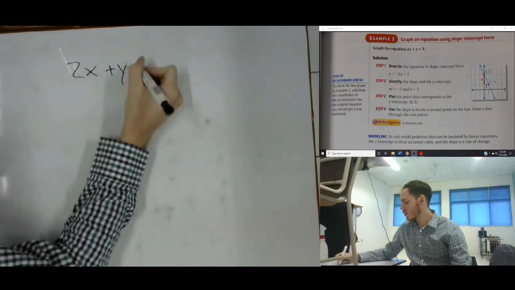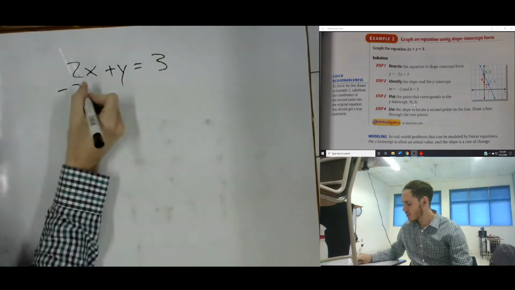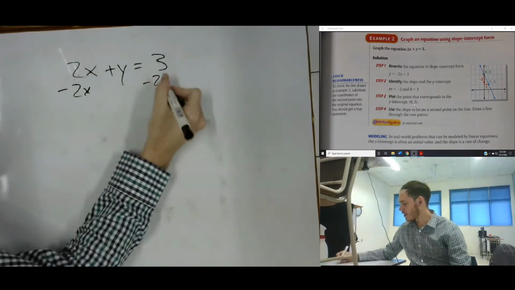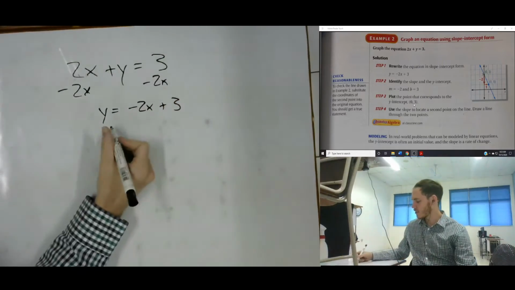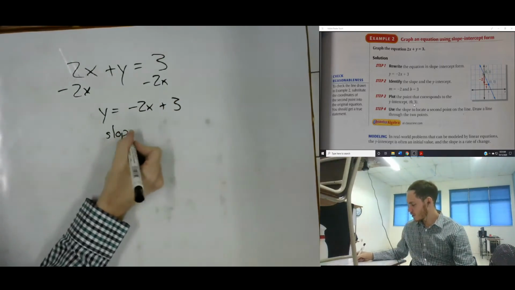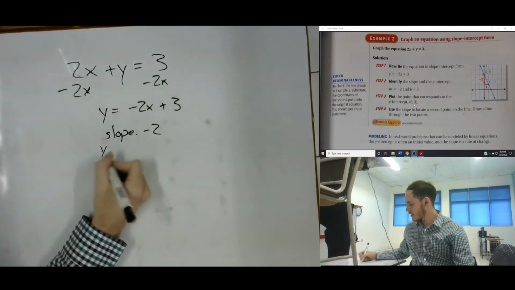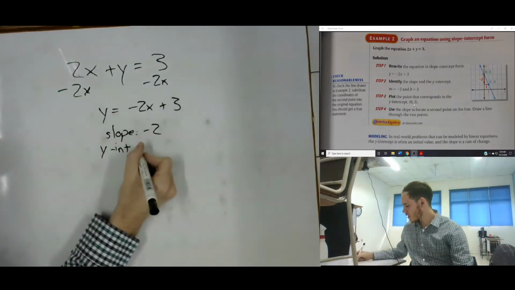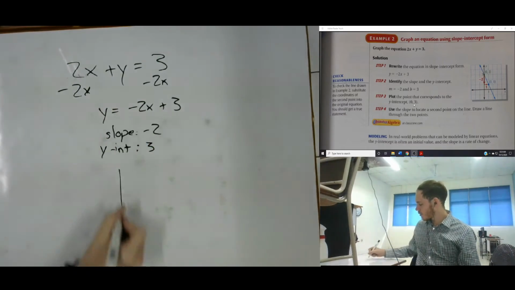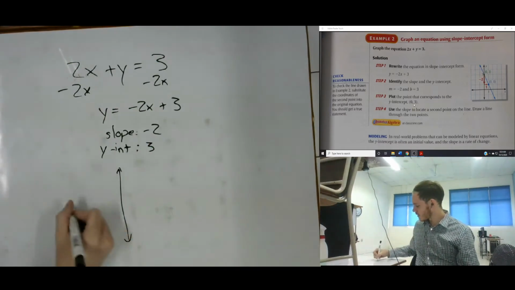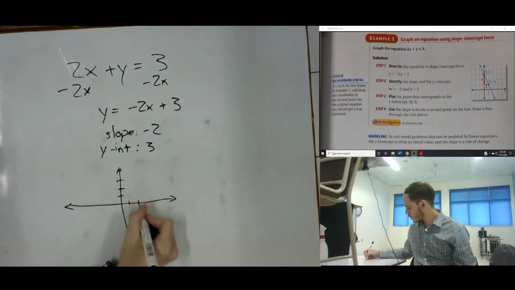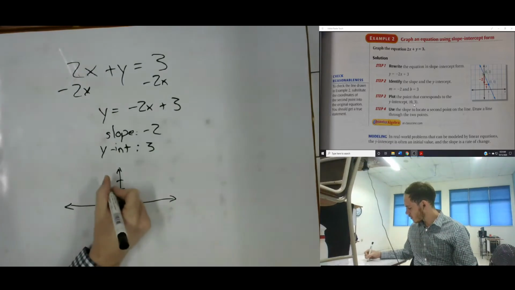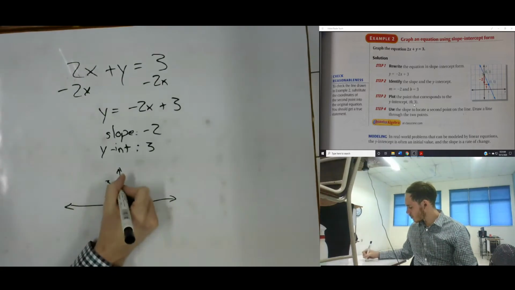Graphing using slope-intercept. We are given an equation. We first get this into slope-intercept form by getting our x over, so y is by itself, and our slope is -2, and our y-intercept is 3. So I'm going to graph this. We start at the point (0, 3).